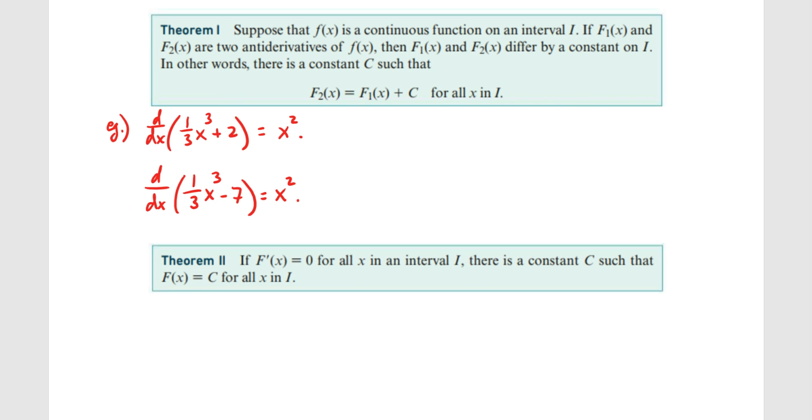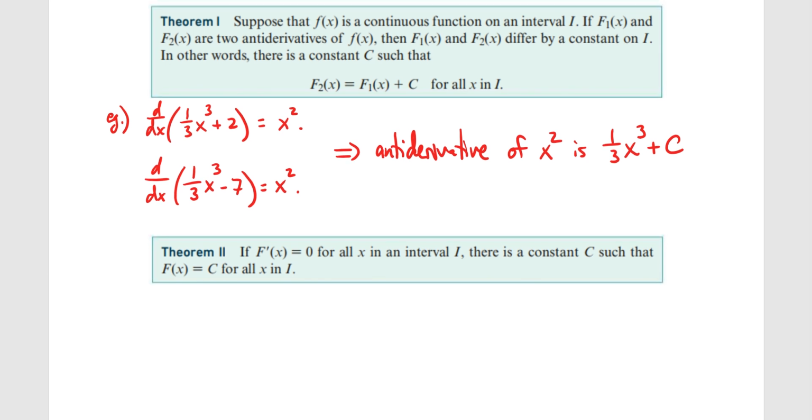So when we're taking the antiderivatives, we are always going to be adding on this constant at the end. So the antiderivative of x squared is 1/3 x cubed plus c, where c is just some constant. Like we just showed on the left, it could be 2, it could be -7, it could be anything. Okay, so that's something to keep in mind, because we're essentially going to have it in every single one of our antiderivatives.